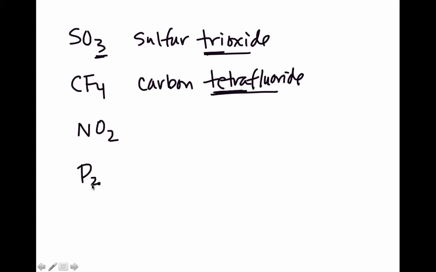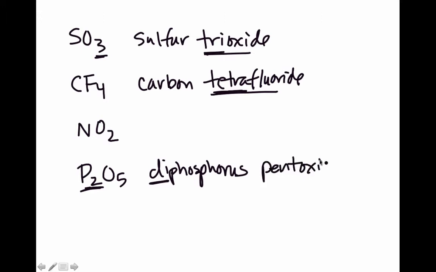And the fourth one, P2O5, we would do diphosphorus, using the prefix here because now we have more than one of this first element, and then pentoxide. Now that brings up a point here. I used pent instead of penta. The prefix is really penta.